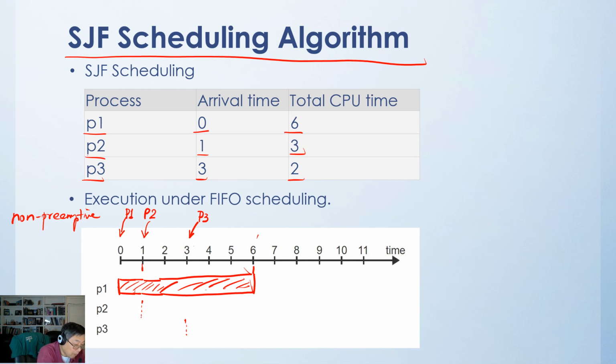Now, if we use FIFO, then the scheduling algorithm is going to pick P2 because P2 arrives before P3. But remember, this is shortest job first. So the scheduling algorithm is going to check the total CPU time for P2 and P3 and find out that P3 has the shortest total CPU time, even though P3 arrives after P2. So P3 will be selected.